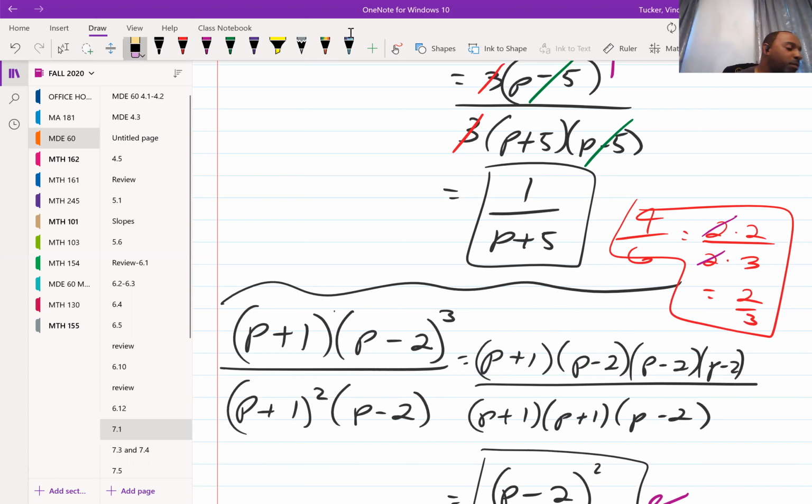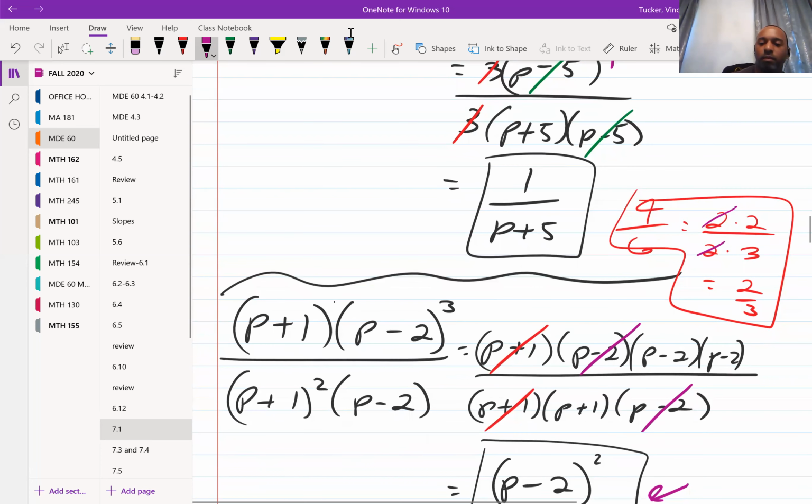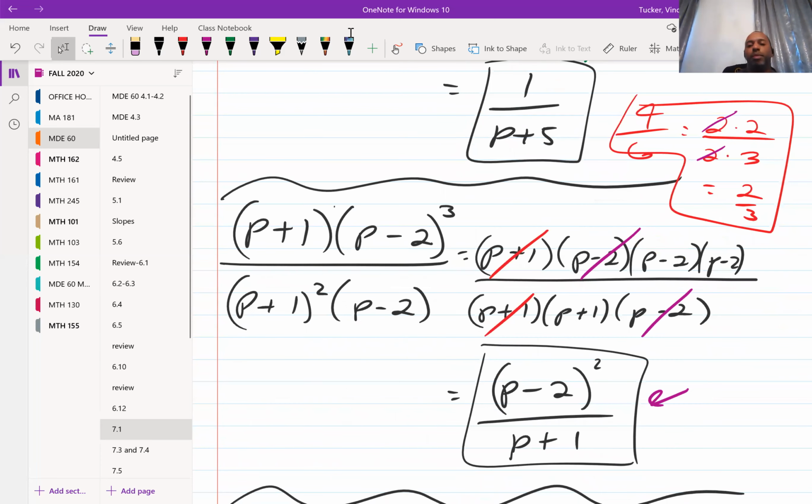In the denominator, p plus 1 appears twice, but p minus 2 appears once. So I just expanded it out as many times as it gave it. And then what we can do, just like before, is cancel out what we see that they have in common. P plus 1 cancels out one time, because that's all we have in common with both top and bottom. So there's 1 p plus 1 left, and then there's 1 p minus 2 left. So this will be the result: p minus 2 squared over p plus 1.